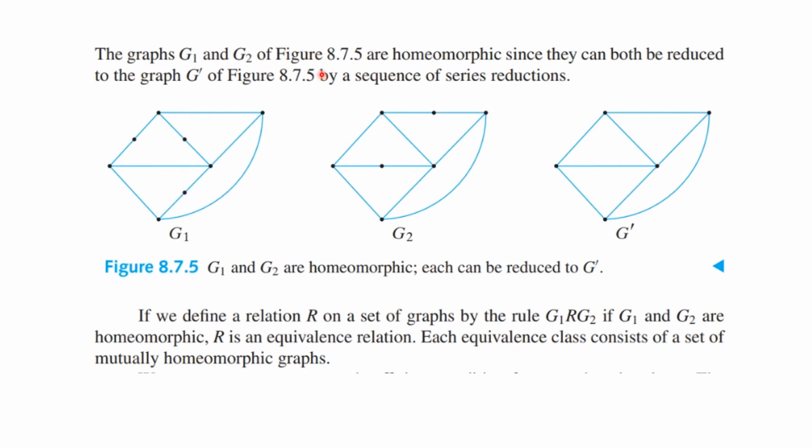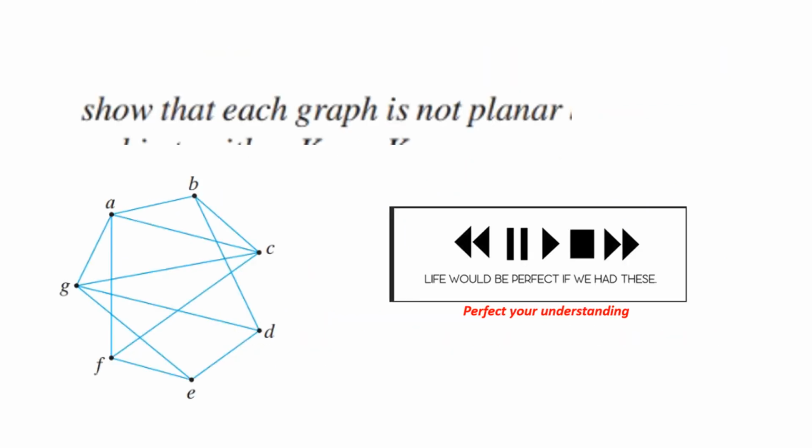We can say that G1 and G2 are homeomorphic since they can both be reduced to G prime by series reduction. You see we reduce that, and we reduce that, and we get this is G prime. And as I said, it is an equivalence relationship. I should have defined that, and I don't know if I did that clearly or not.